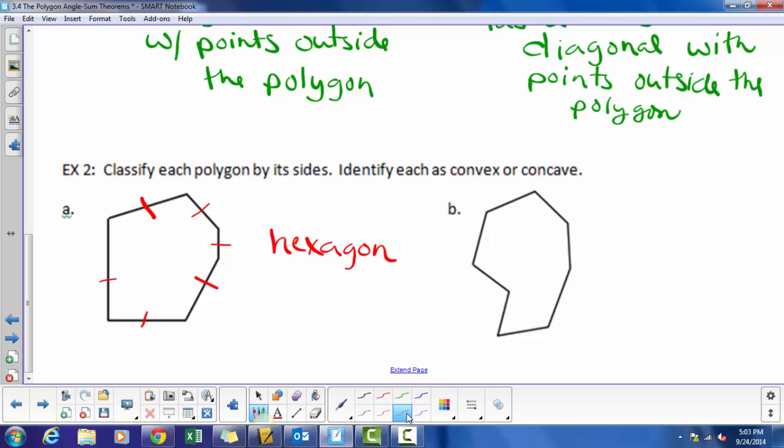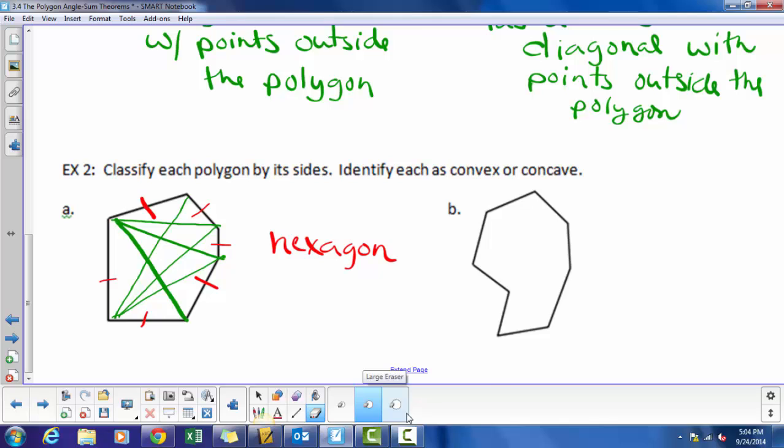And if I were to draw all of the diagonals, I see that the points on the diagonals are all inside my polygon. So this is actually a convex hexagon.